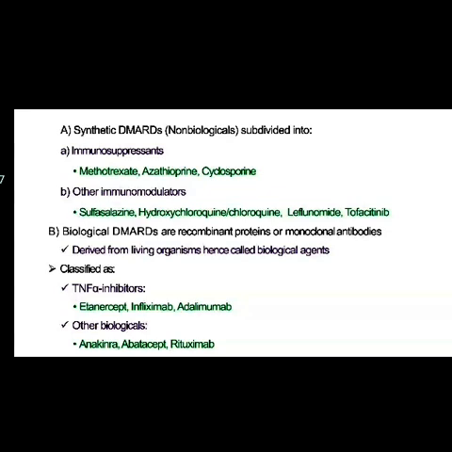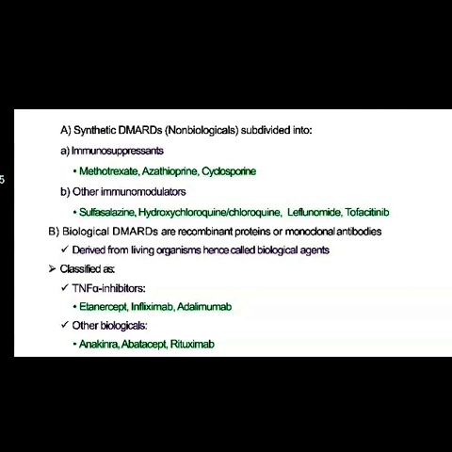So let us start with synthetic disease-modifying anti-rheumatoid drugs, which are non-biological. They are further divided into categories like immunosuppressants and immunomodulators. In the immunosuppressant category, the drugs we use are cytotoxic agents like methotrexate, azathioprine, and cyclosporine.